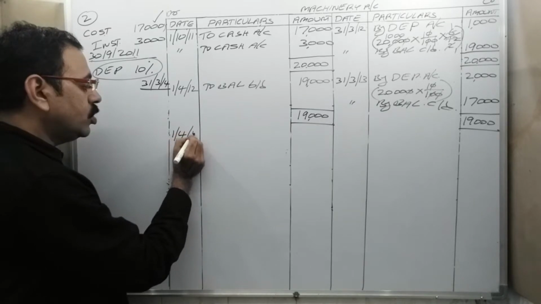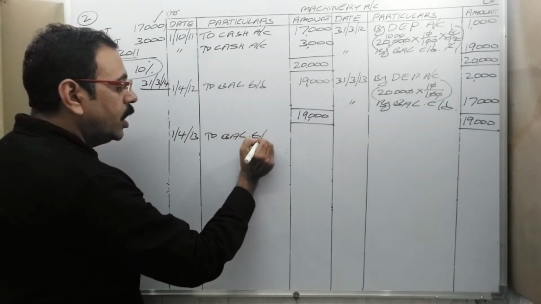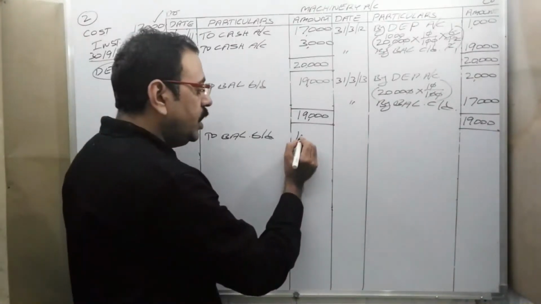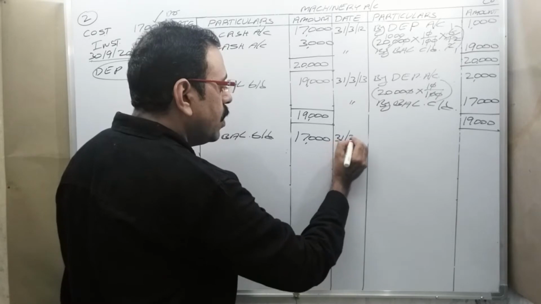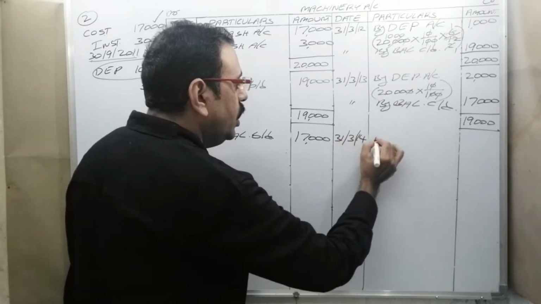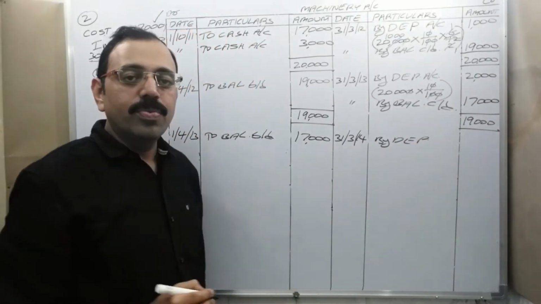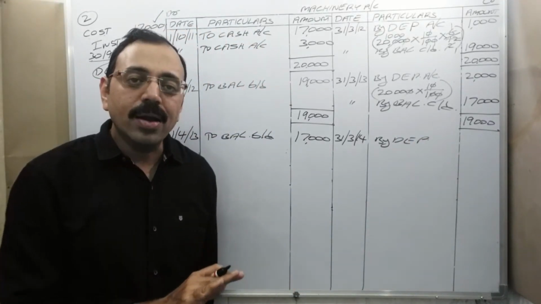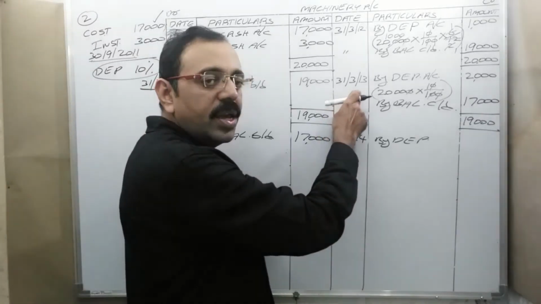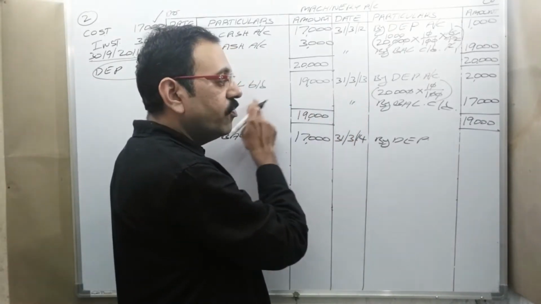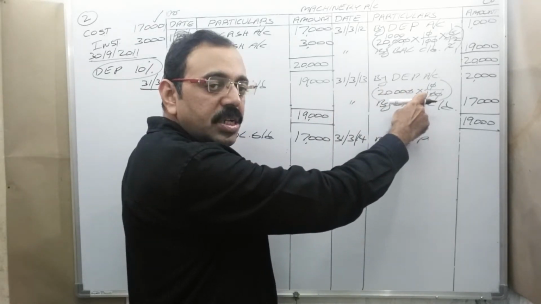Then bring that amount to the next year. 1st April 2013 to balance brought down 17,000 rupees, and on 31st March 2014 by depreciation. Now we need not calculate the depreciation again, because in the second year we used the asset for a 1-year period, no? And already we have calculated the depreciation here.